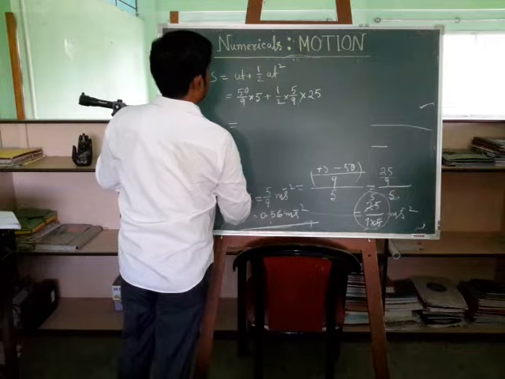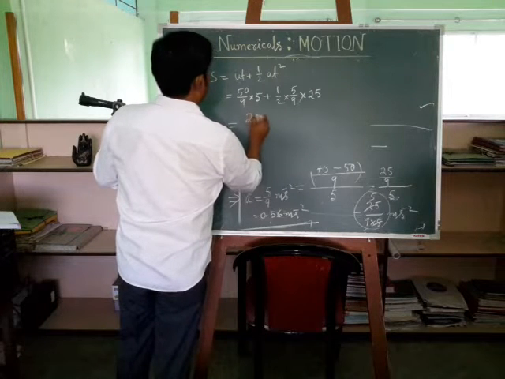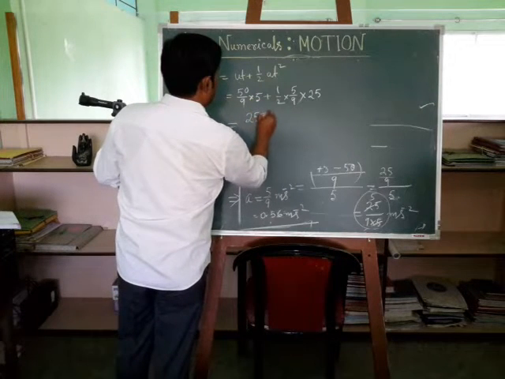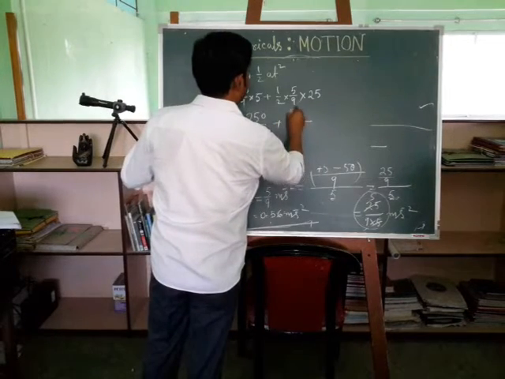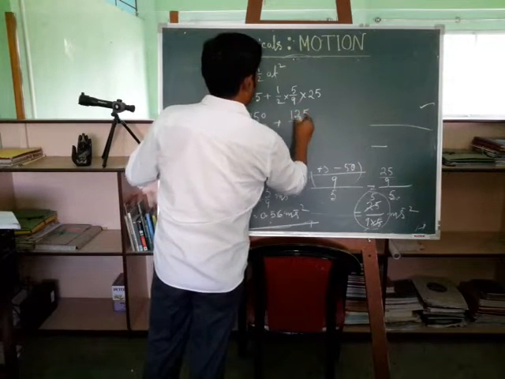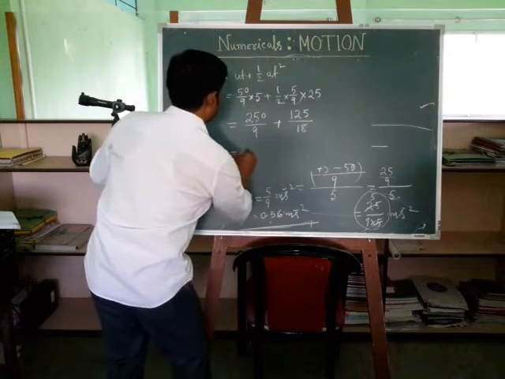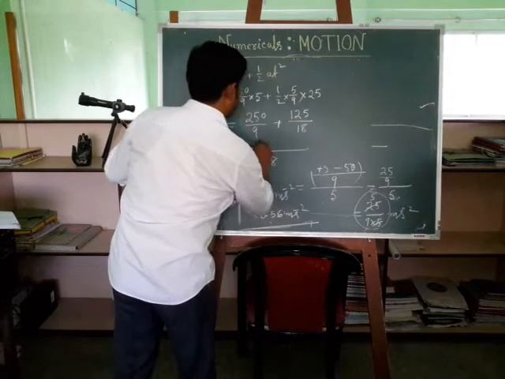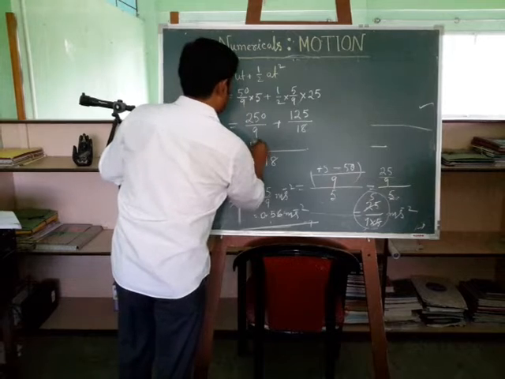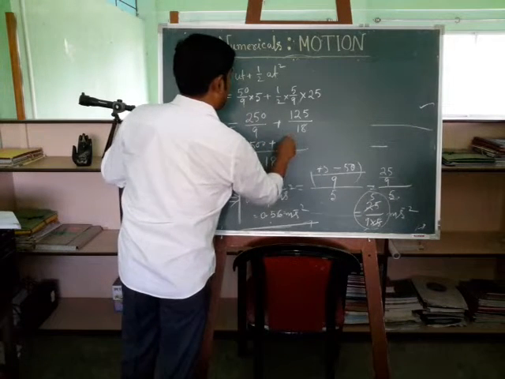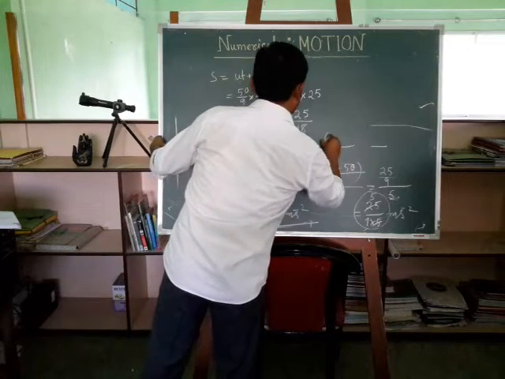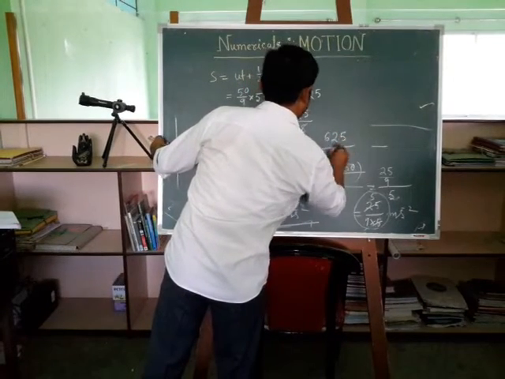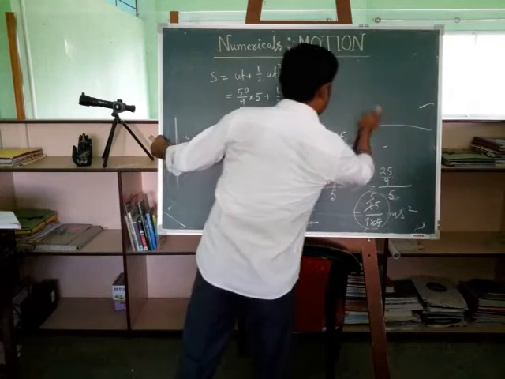So let me rub this part also and see what's the result we get. So how much? You can do it. 250 upon 9 plus 125 upon 18. LCM is 18, is 2. So that will be 500 plus 125, and that will be 625 by 18.